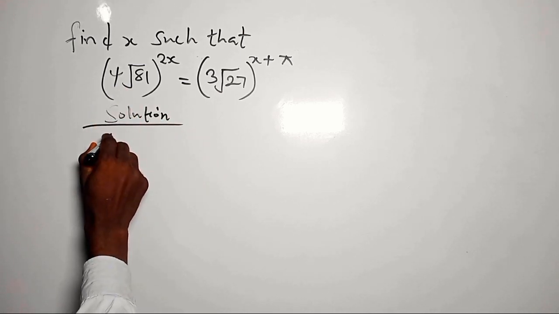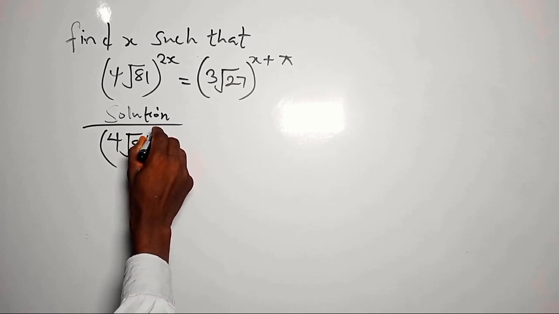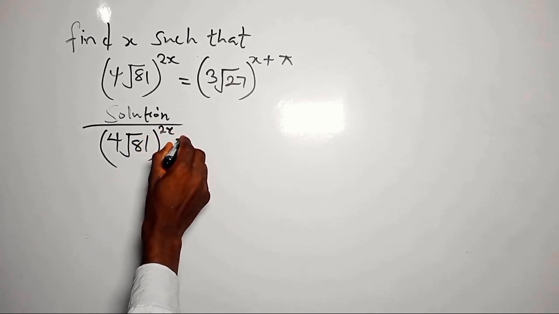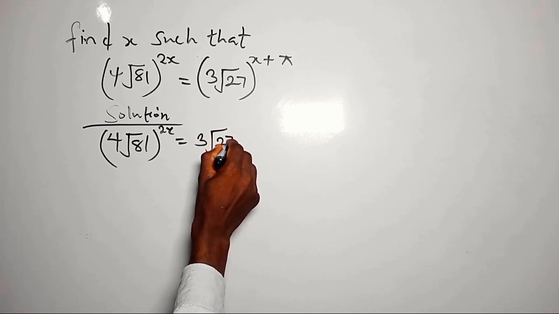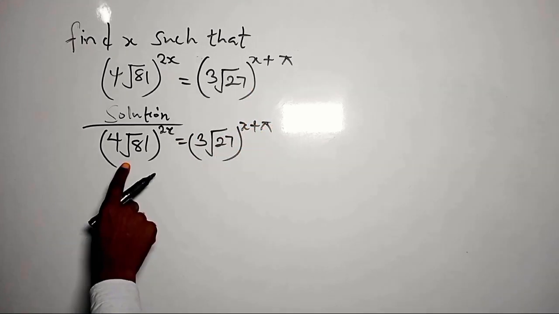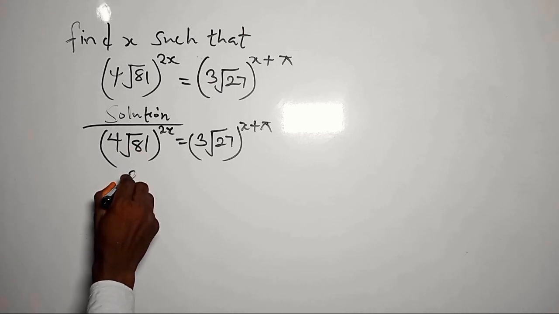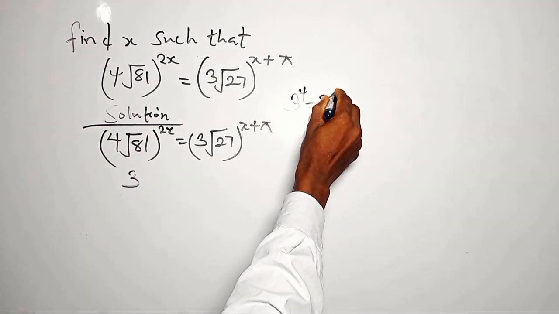Okay, so for the fourth root of 81 raised to power 2x equals the cube root of 27 raised to power x plus pi. The fourth root of 81 has to be 3, because 3 raised to power 4 is 81.